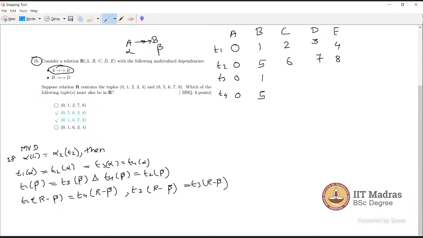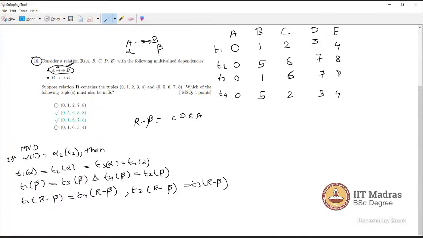Now T1 R minus beta equals T4 R minus beta. What is R minus beta here? A, C, D, and E. So T1 is 2, 3, 4 equals 2, 3, 4, and here 6, 7, 8. So this tuple will satisfy this condition.